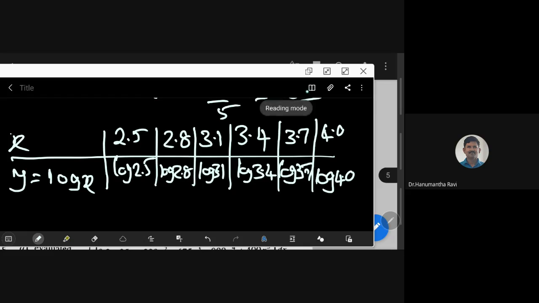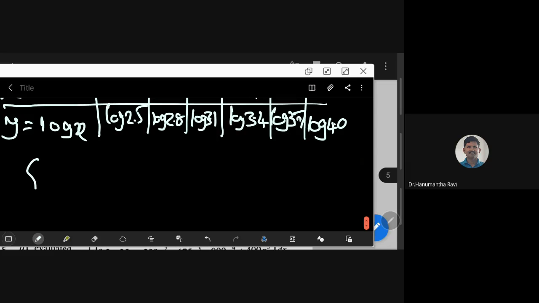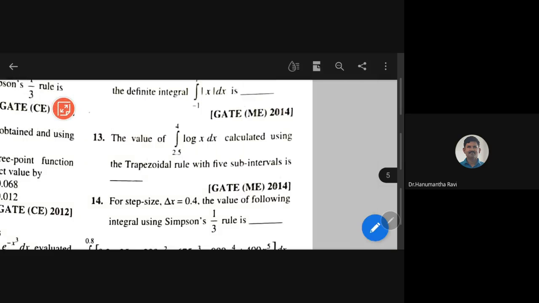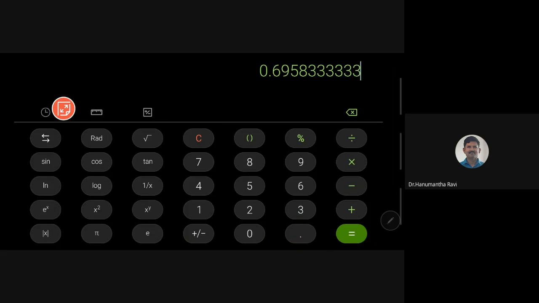Now for the trapezoidal rule, what will be the formula? We are finding the integral from 2.5 to 4 of log x dx. But before that, we need to calculate all these values. Logarithm means ln here.